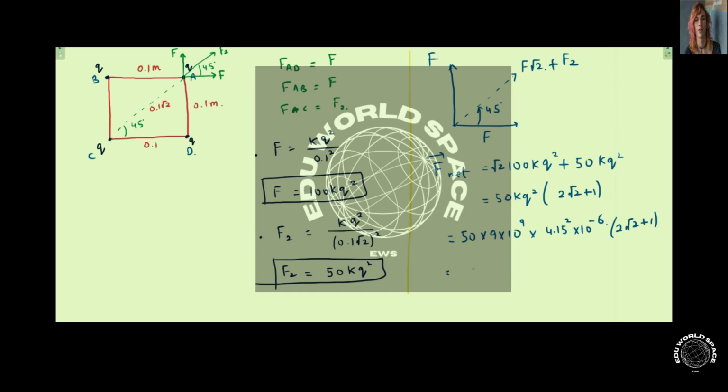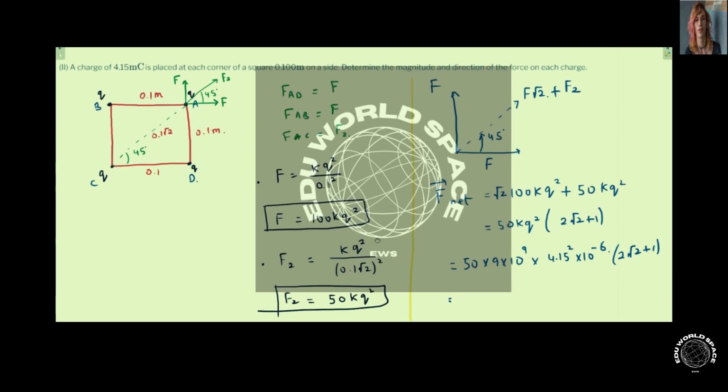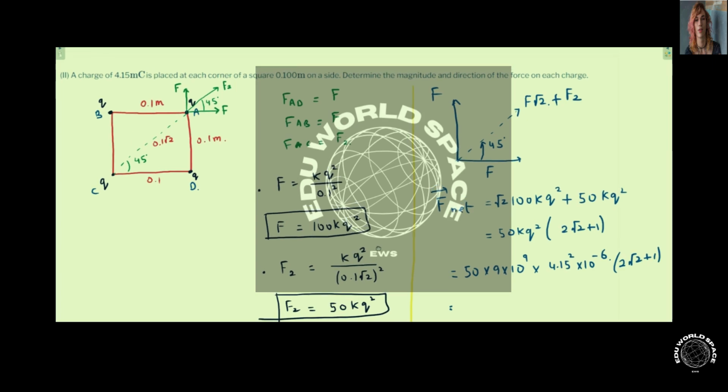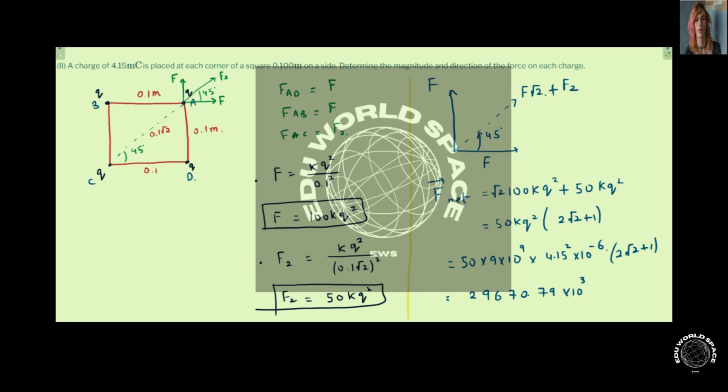That's coming as 29670.79 times 10 raised to 3. Let me just recheck my calculations over here. All right, so this is in newtons.